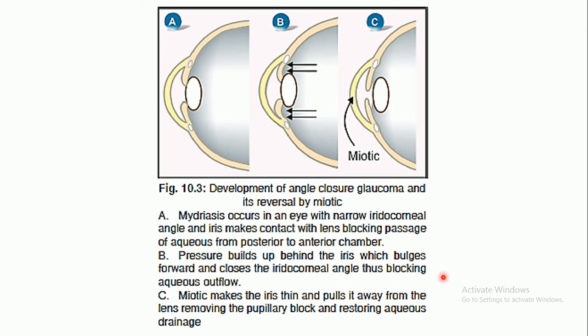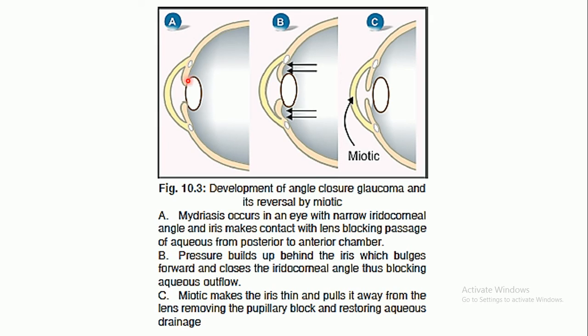Usually in this situation, miotics help a lot. Now let us see what exactly is happening in angle closure glaucoma and how the miotics benefit. If mydriasis is induced, that is, an increase in the pupil size, in an eye which has a narrow iridocorneal angle, the iris makes contact with the lens.